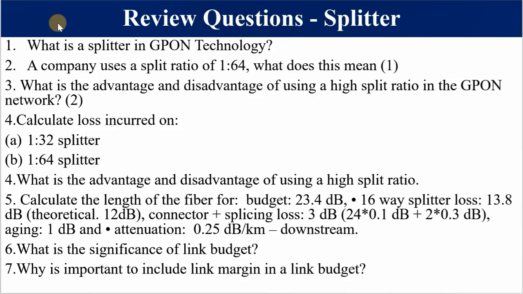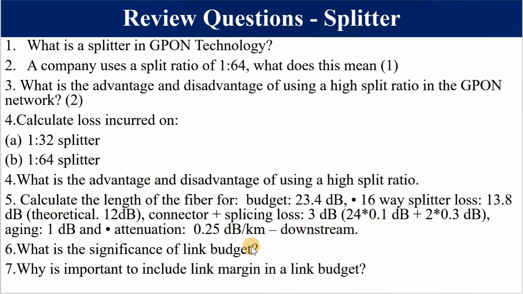This is very easy. What is a splitter in a GPON network or in GPON technology? A company uses a split ratio of 1:64. What does that mean? And what are the advantages and disadvantages of using a high split ratio on a GPON network? Calculate losses incurred on a 1:32 splitter, 1:64. What is the advantage and disadvantage of using a high split?